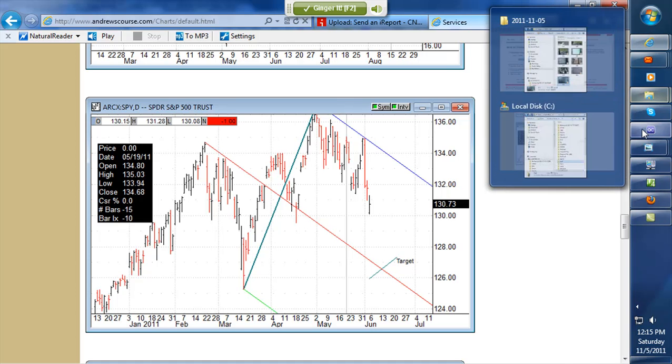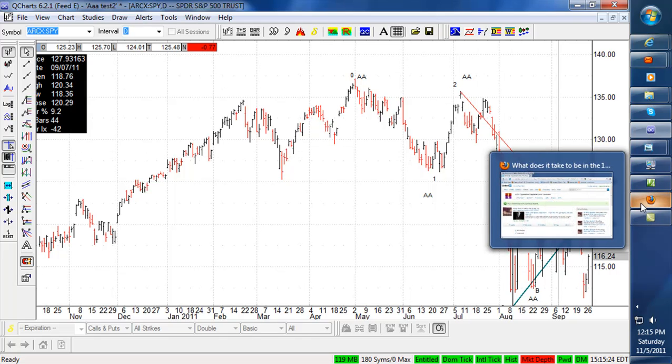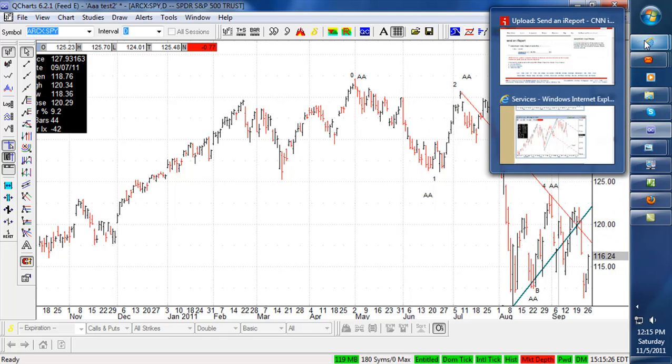Where is that again? Okay, so here we are, and the price is about 130, and here was the target area somewhere down here, and then prices went down to the target, went up and went down again, and then went up. So I guess prices did hit the target area. Now let's see what else.